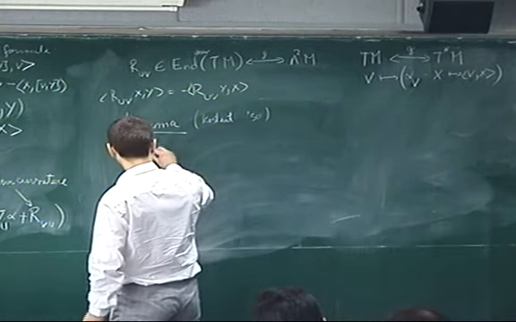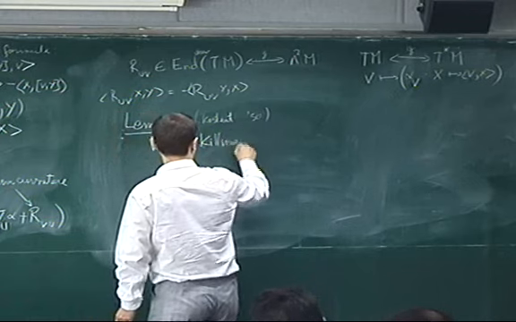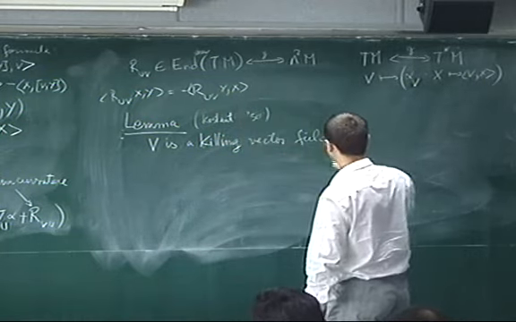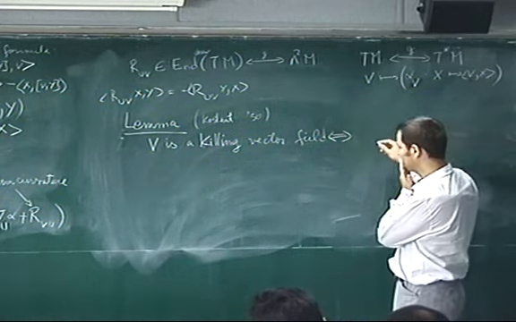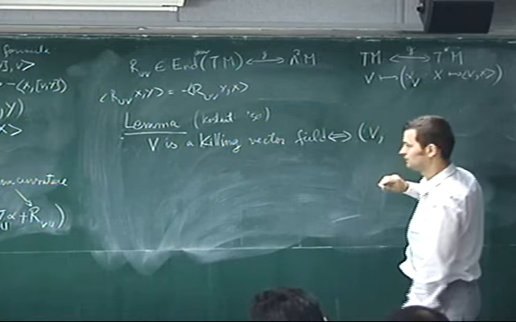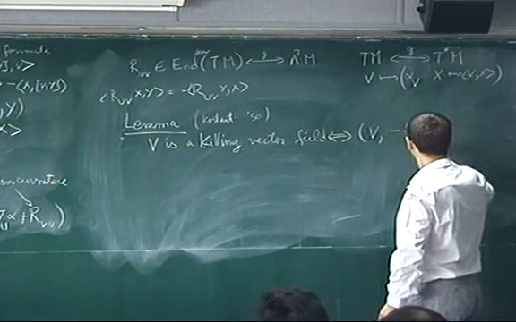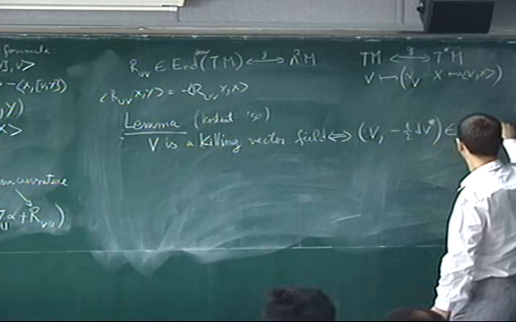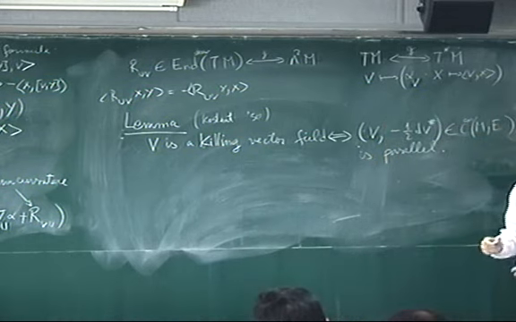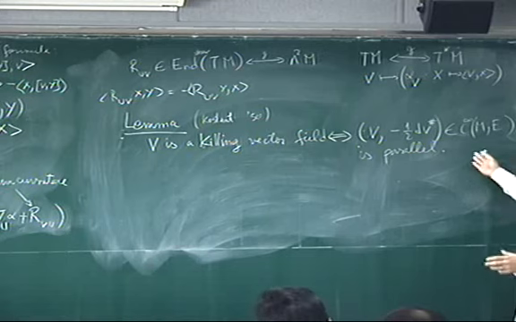Okay, so the lemma says V is a Killing vector field if and only if the pair V and the corresponding form, this section in the deformation bundle, this is called the deformation bundle, is parallel.